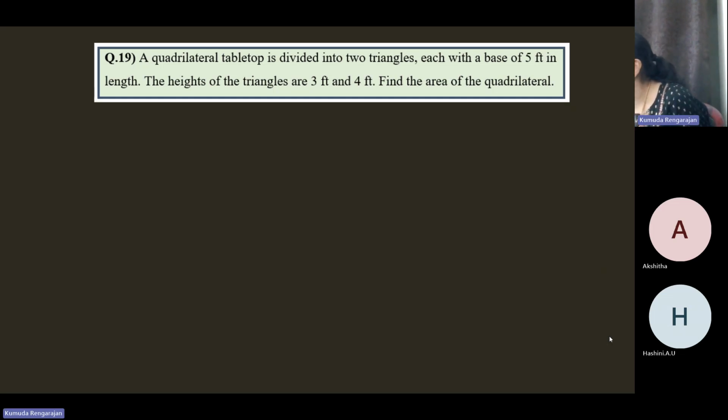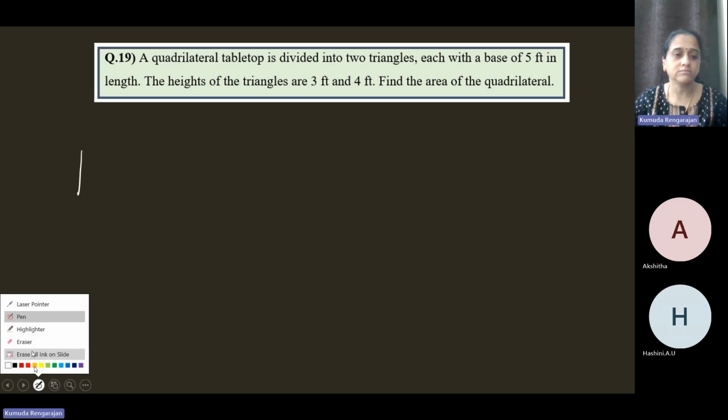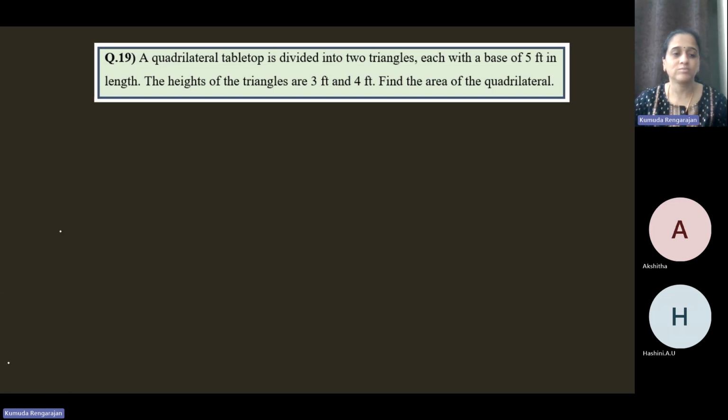Okay, then where have you marked 3 and 4? Heights are given, you marked sides. So the figure is something like this. Draw a quadrilateral.